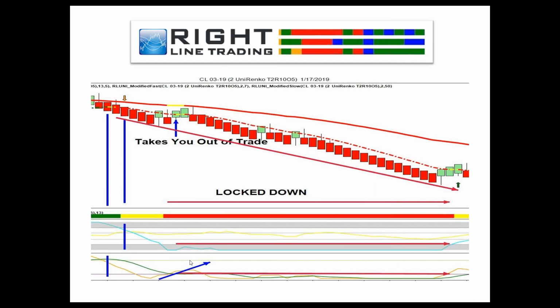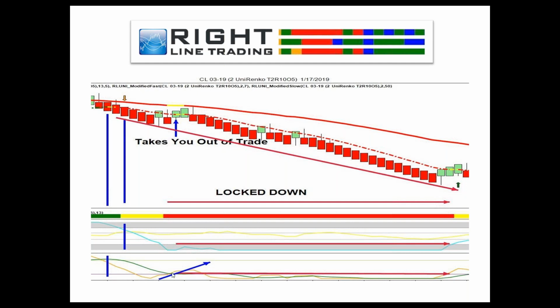Now, I want to compare the Laguerre to the stochastic. The Laguerre is meant to track the direction of institutional money. And when you get this up candle and these two up candles, this up candle and this up candle, you're shaken out of the trade by the stochastic.